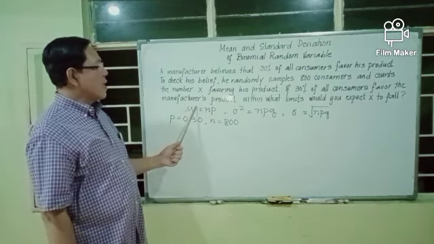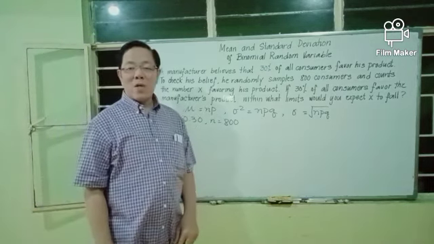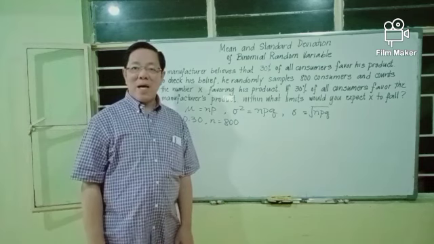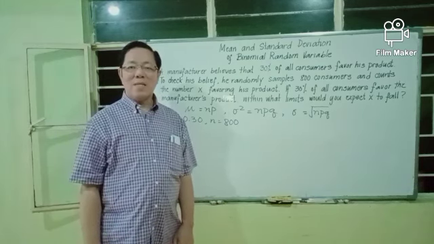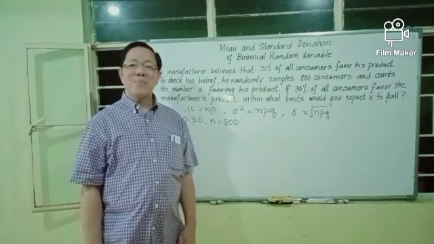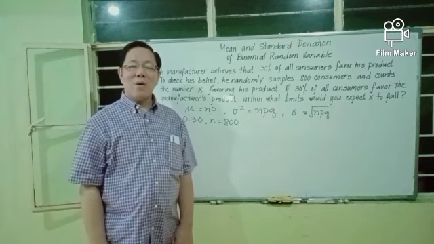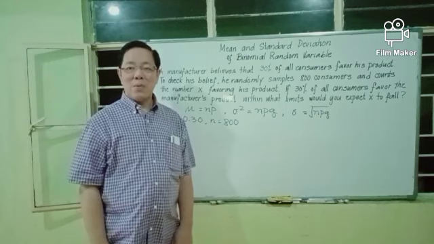And we are asked to find the limits where we would expect the value of x to fall. In this particular problem, we use Chebyshev's theorem and the empirical rule.